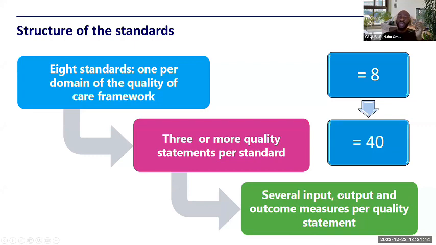They help you set specific, measurable goals, and also help you design how you're going to track improvement over time. So this is what healthcare workers at the facility level will be using to meet the statement and, obviously, at the end, also the standard.